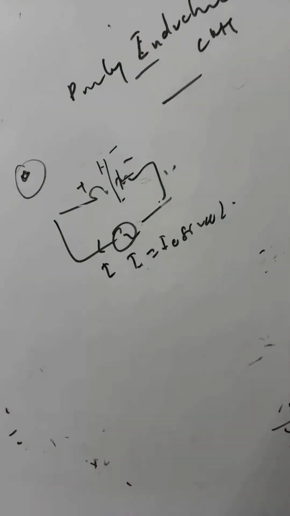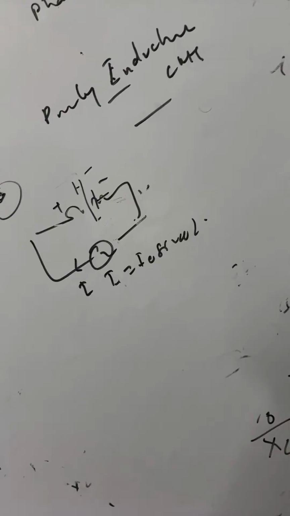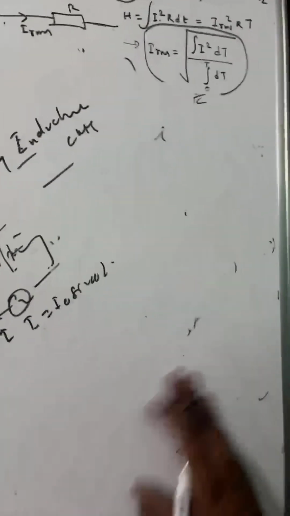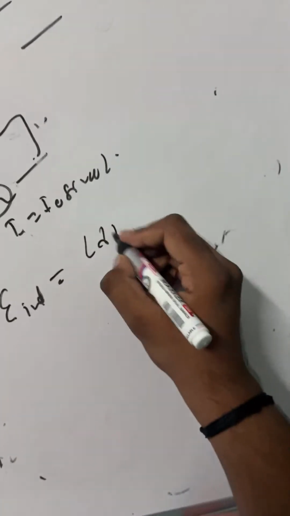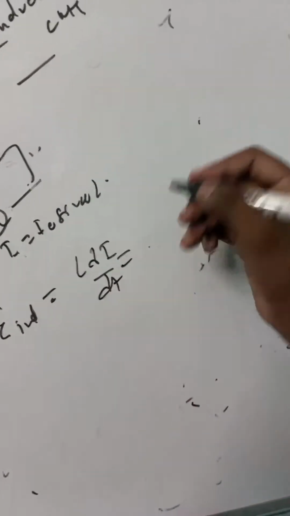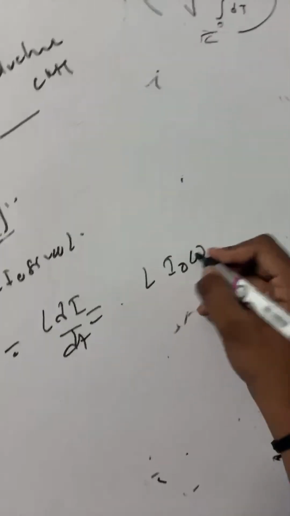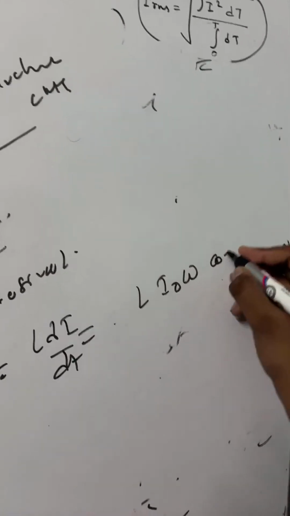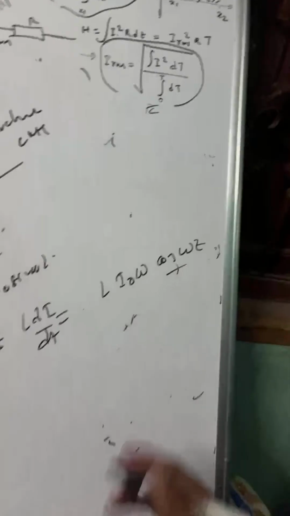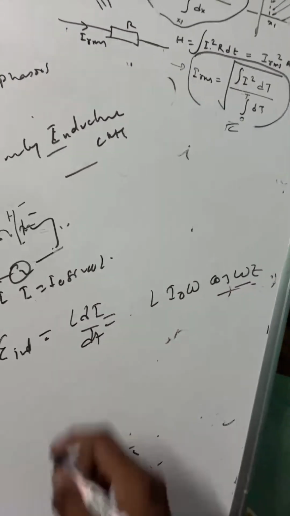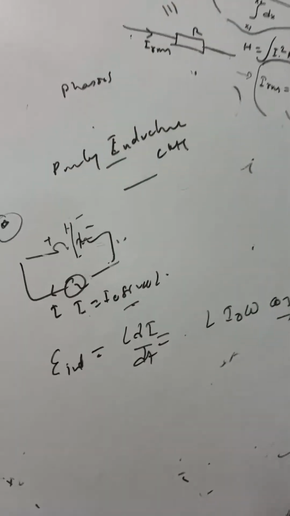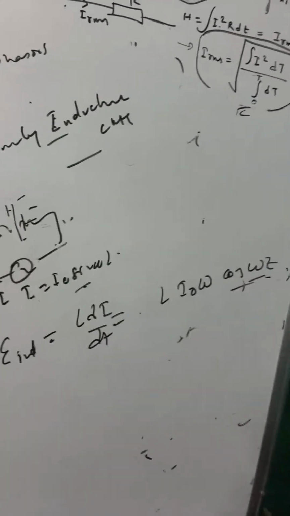And I think this is very easy, so I won't talk much, I will just do it. The induced voltage will be, we know, L dI by dt. I've already told you. So it will be L I naught omega cos omega t. You can directly differentiate it: omega will come outside, since it was sin omega t, by the chain rule, right?